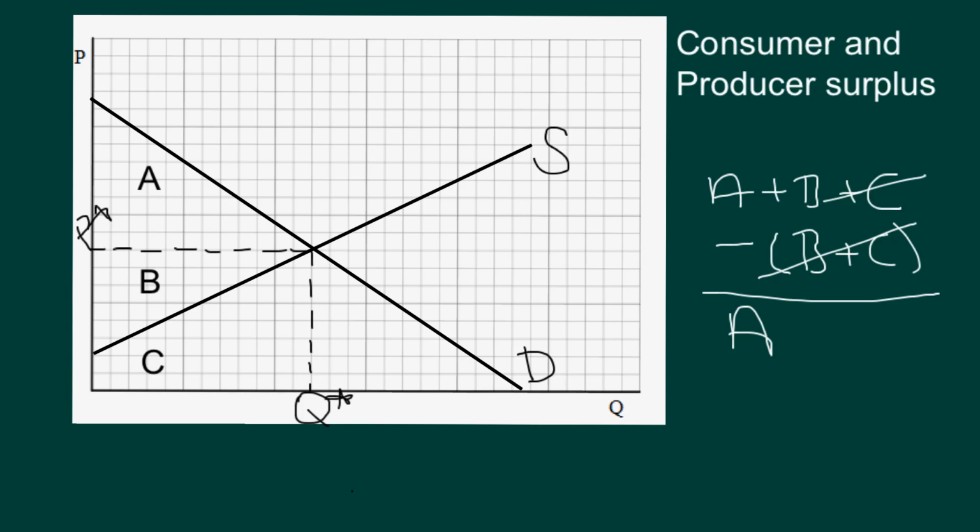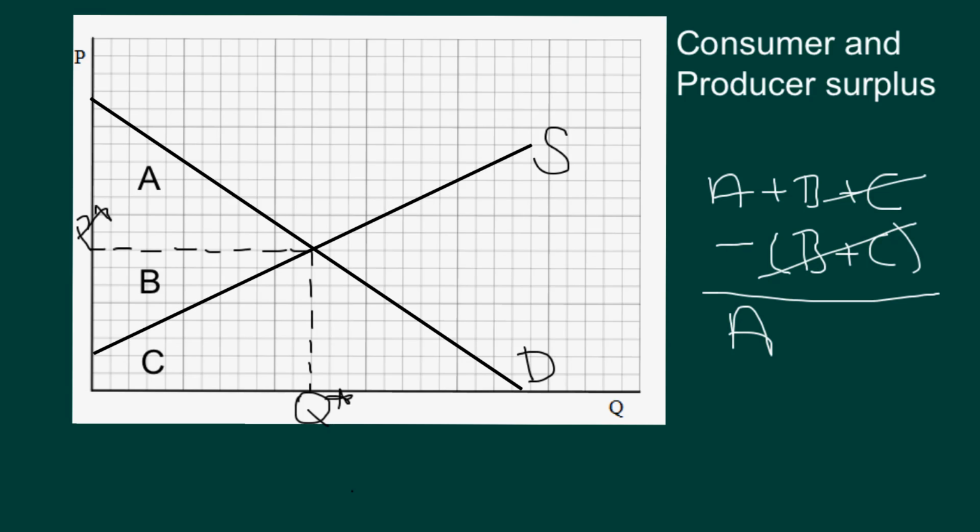It's the difference between how much they value the quantities they're buying versus how much they actually had to pay. So the total value is ABC, but it's not a surplus when you pay for it. The B and C, they've literally paid for it. It's the A that represents their extra value.